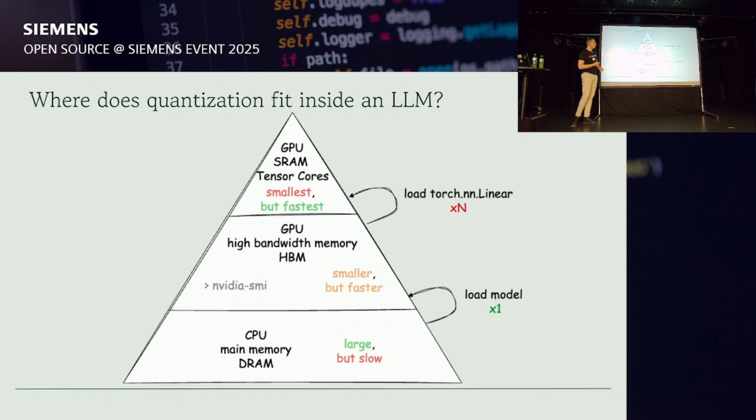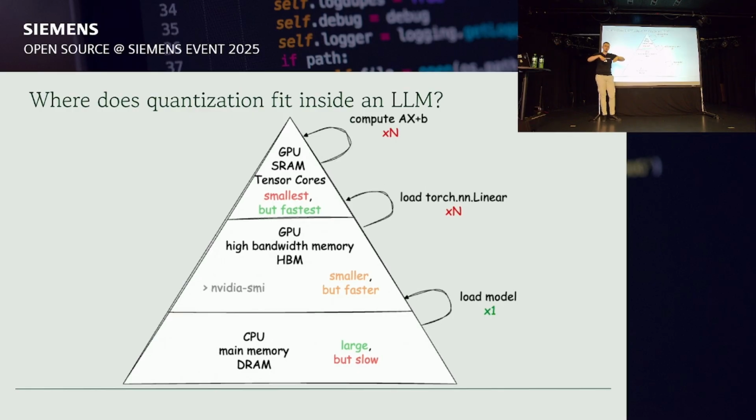And then what we do n times for all of these linear operators, which are the most expensive pieces of our inference stack, is load the linear layers from HBM. This is where our model lives. We load it inside the SRAM and tensor cores, split it into small chunks, and do the computations, so the matrix-matrix multiplications. We store back the results, and then we move to the second layer.